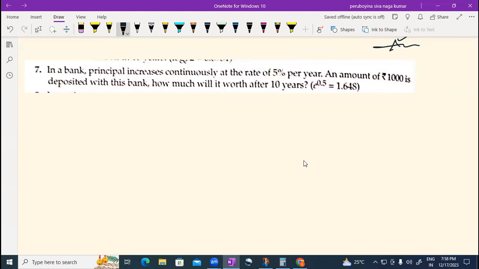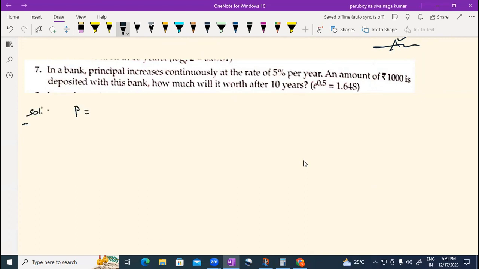In a bank, principal increases continuously at the rate of 5% per year. You can try this question yourself. An amount of 1,000 rupees is deposited with this bank. How much will it be worth after 10 years? So he is asking for how much amount after 10 years. The rate of interest was given, same as in the previous question.